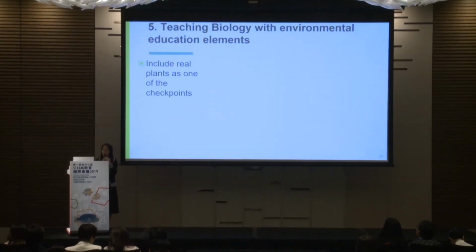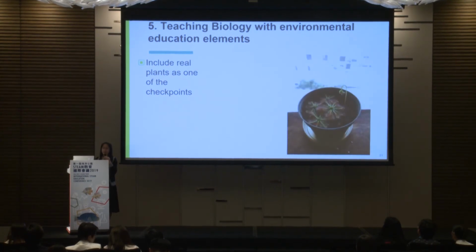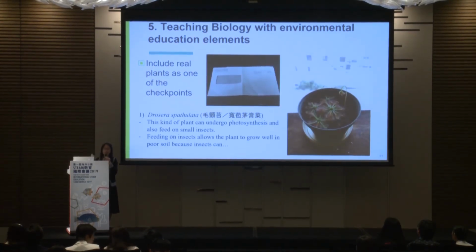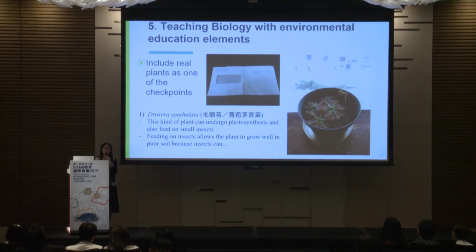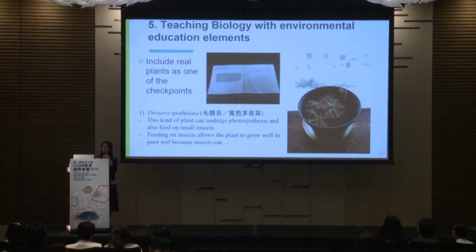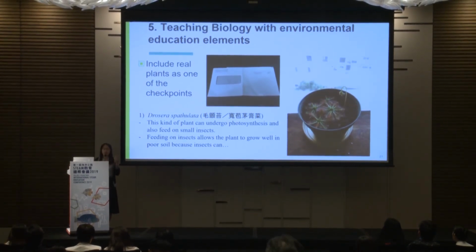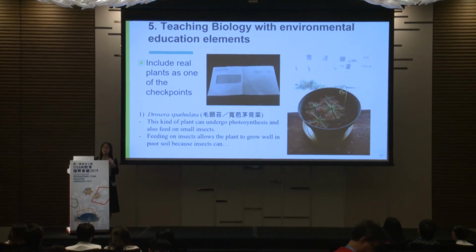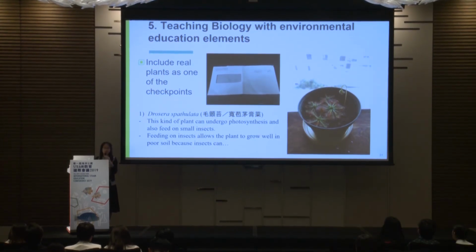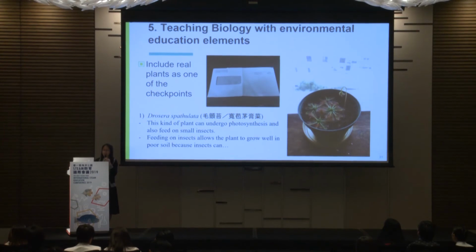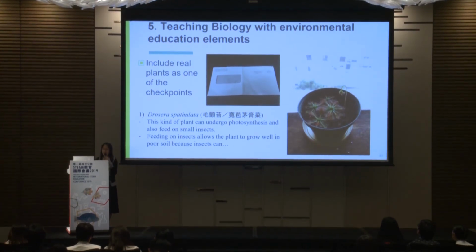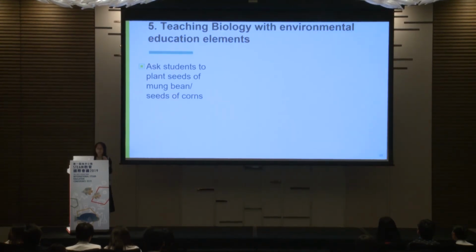And also, I tried to include real plants as one of the checkpoints, linked with some past paper questions, so that while it could be exam-oriented, it could also be interesting and realistic to the students. Like this is a plant that catches insects, and I ask them why it is good for it to grow in poor soil.